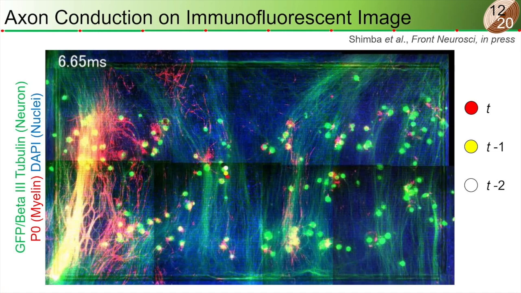The distance from the red to white dots roughly corresponds to the magnitude of the instantaneous conduction velocity. The action potentials propagated mainly along the axon, with rotational changes in conduction velocity. These results indicate that with optical stimulation, we can measure the axonal conduction from samples containing myelinated axons.